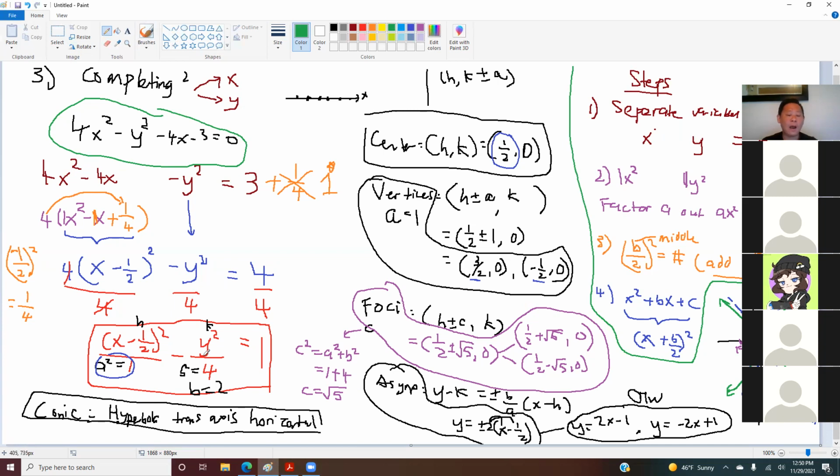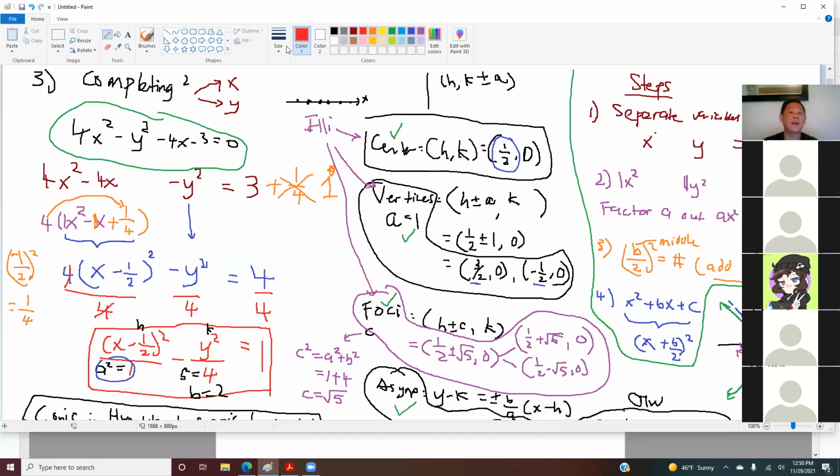So for a hyperbola, you have to give me the center, the vertices, the foci, and the asymptotes. So 4 things for hyperbola. Ellipse only needs the center, the vertices, and the foci, because ellipse has no asymptotes. For circle it's easy. If I ask for circle, it needs two things: the center and the radius. Because if you know the center and the radius, you'll be good.